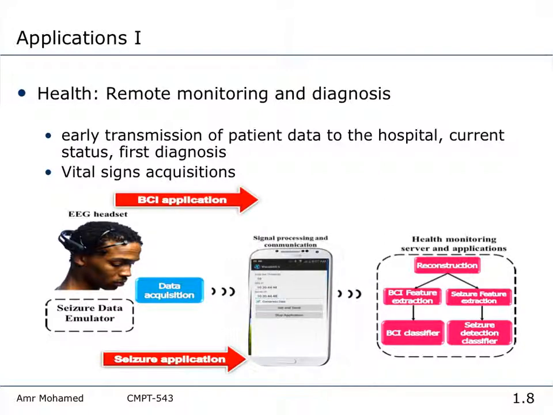This data also needs to be processed in real time. So you need to acquire it efficiently, communicate it efficiently to the cloud, and then process it at the cloud.